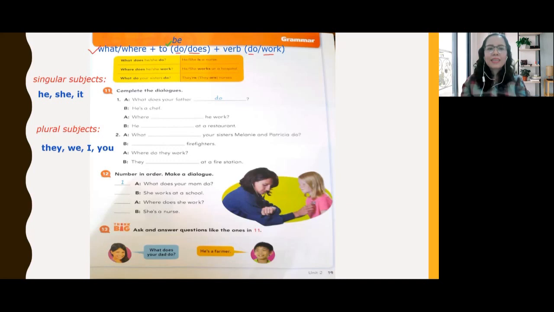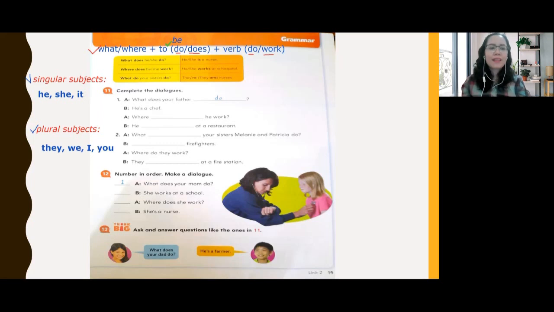But let's take a look at my notes on the left part of your screen. There are two kinds of subjects in English. They are singular and plural subjects.